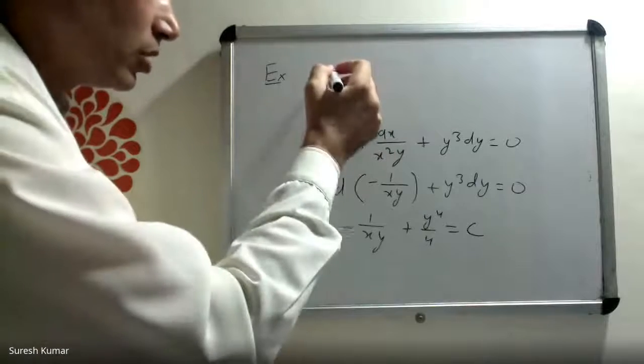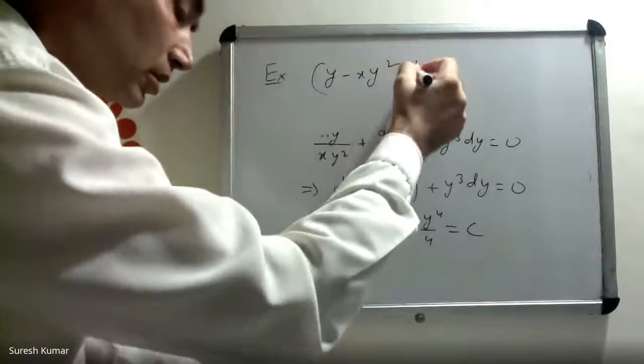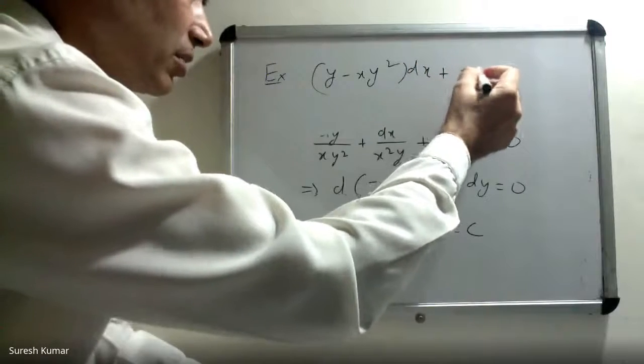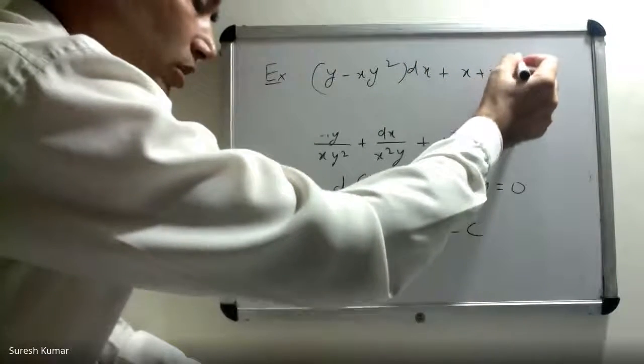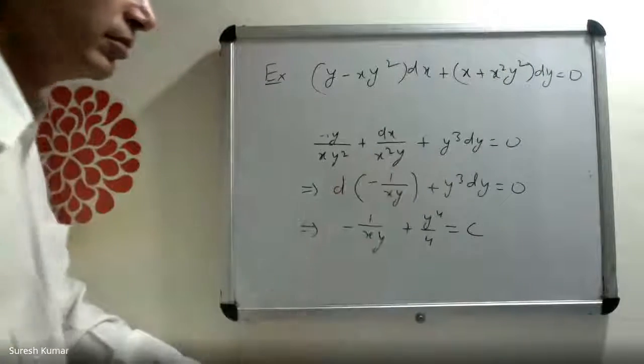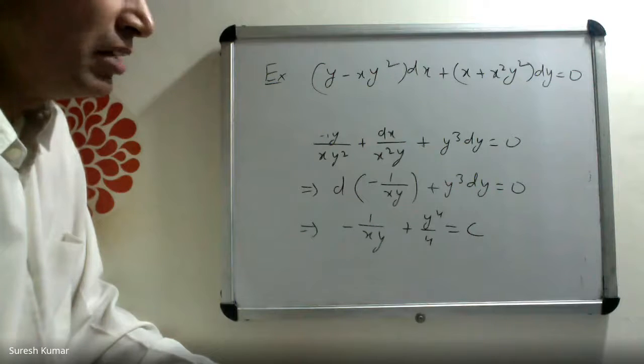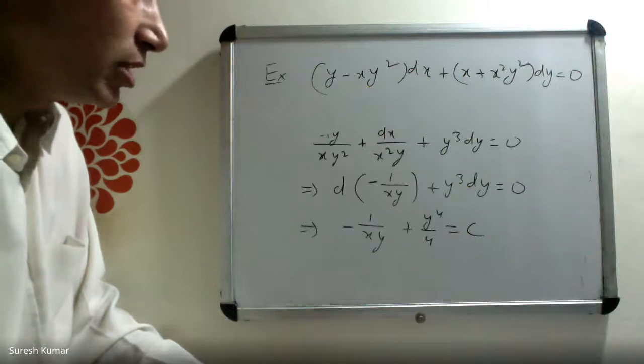Okay, see this one. y minus xy square dx plus x square y square dy. Can you guess the integrating factor here before I tell you?